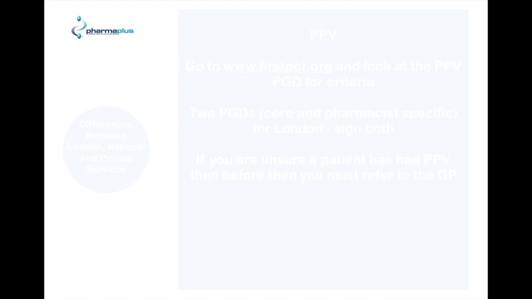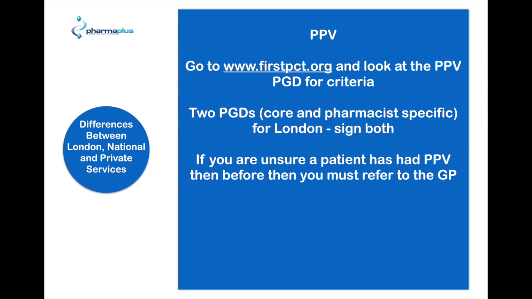And as you can see, the London one's got a much wider range than the national one. So obviously, if somebody falls into the London criteria, you would go under that PGD, and if somebody falls into the national criteria, you would use that PGD. And this table is a really good one to use, and it's actually available on the front page of Sonar as well.